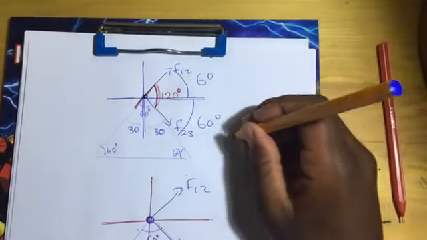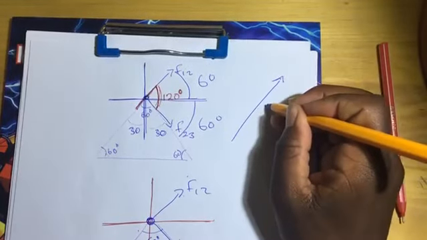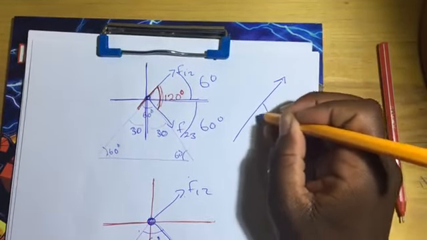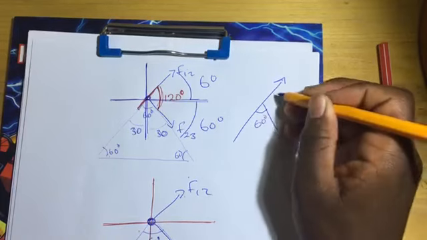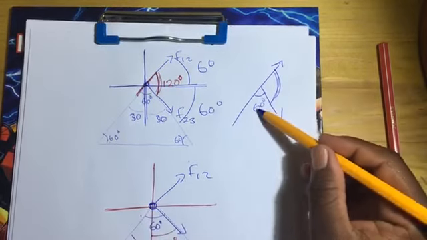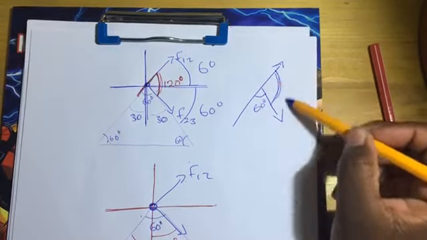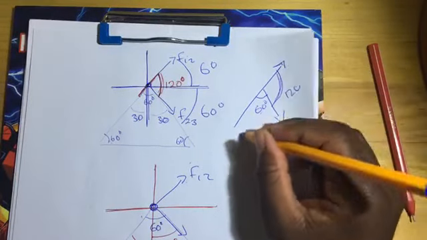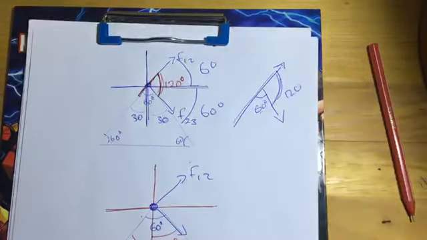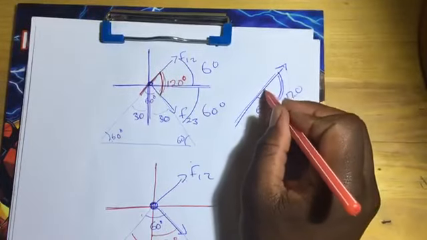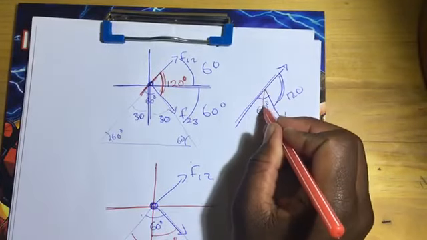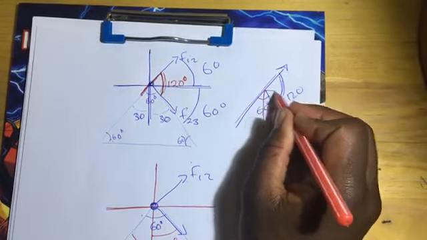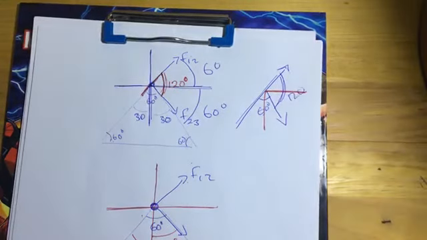How did we arrive at 120? We've been told this is 60 degrees, so this 60 plus this should give us 180. So this should be 120. 60 plus 120 should give us 180 because this is a straight line. Now, we have a line that is dividing this into two parts, and we have another line that is going to divide this into two parts. Okay.